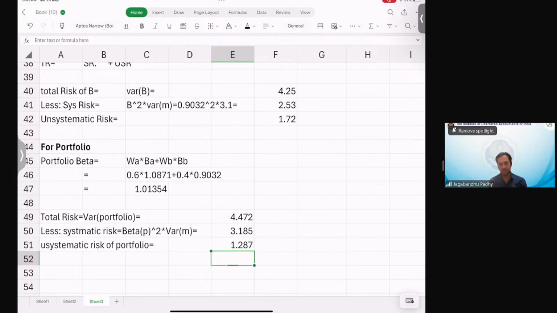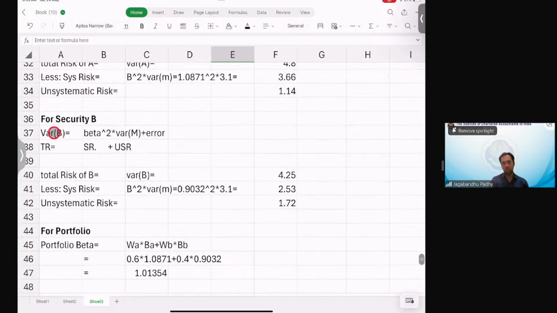Getting these numbers correct? Yes, for the portfolio risk, total, systematic, unsystematic. The crucial part is to distribute the total variance into systematic and unsystematic portion. Unsystematic portion is always going to be the balancing figure.